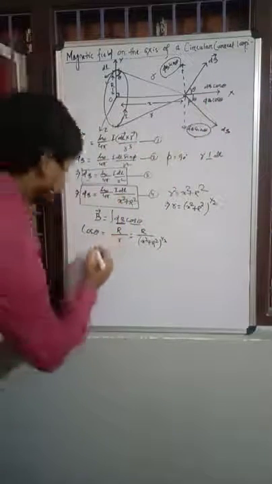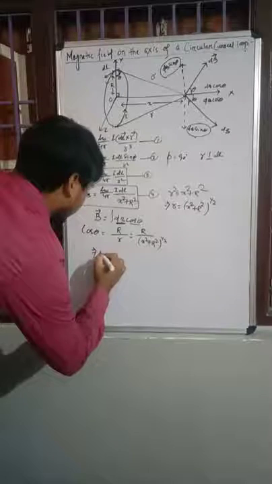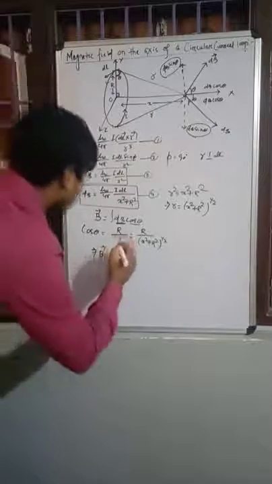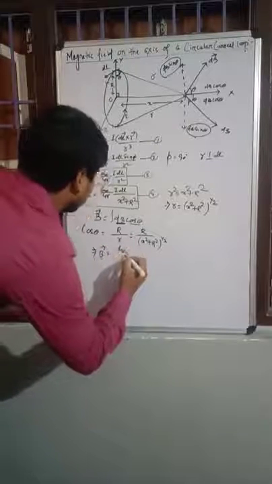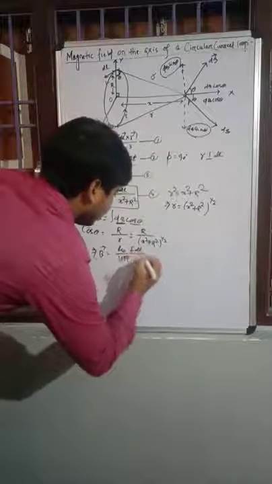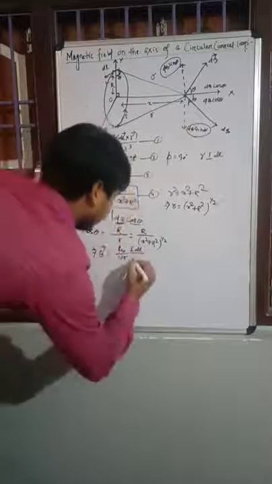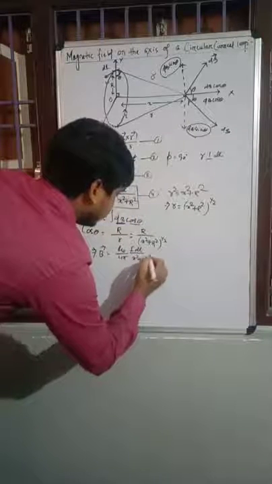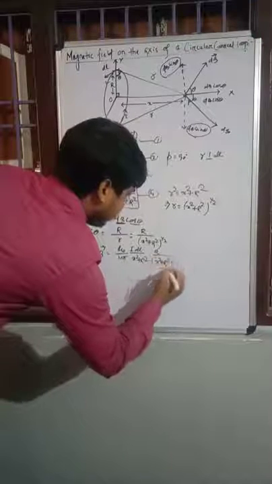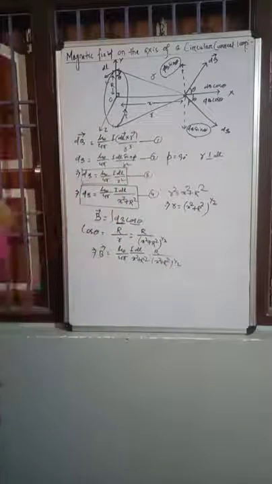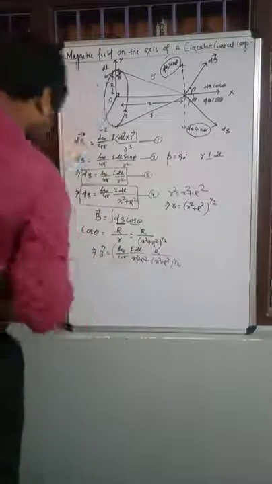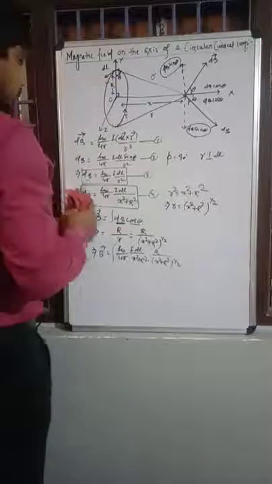So this implies that our B vector will be equal to, the value of this dB is mu naught by 4 pi I dl by x square plus r square, into R by x square plus r square to the power half, integration. I am just erasing this one.